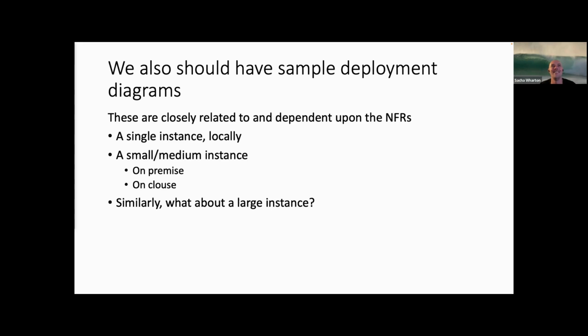Awesome. So here's another thing: deployment diagrams. When someone's contemplating installing Ortelius, in-house or on cloud, if you're going to deploy a single instance, and Sasha, you've got that well documented, but we should probably say, this is roughly, or even this is what we know our instances look like.